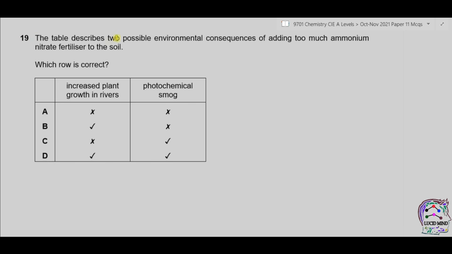Question 19. The table describes two possible environmental consequences of adding too much ammonium nitrate fertilizer to the soil. Which row is correct? First one is increased plant growth in rivers. Second is photochemical smog. Now you should remember that plant growth requires nitrogen, which is absorbed in the form of nitrates present in the water through roots.